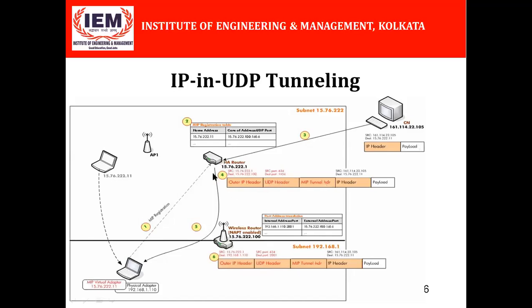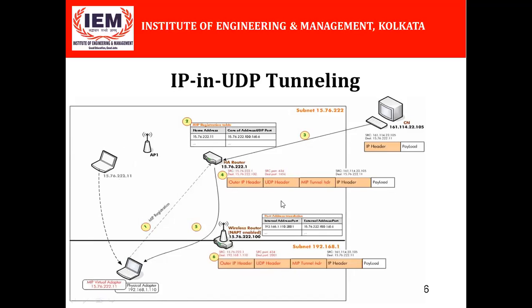First, the outer IP header, which includes its own address and the destination address of the mobile device. And the port address is also defined over here.